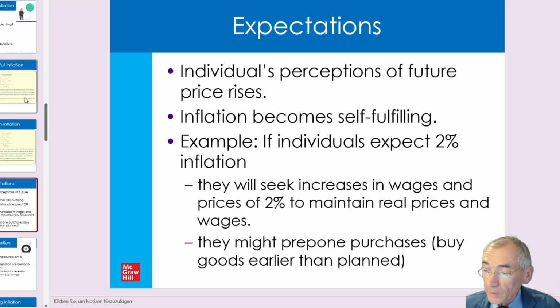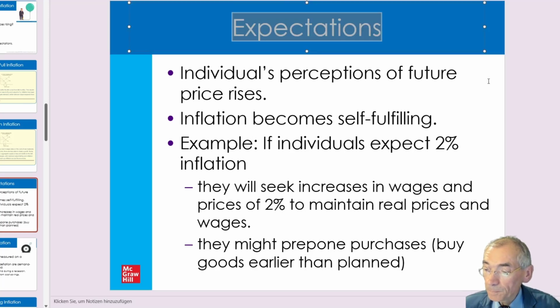When it comes to inflation, expectations play a crucial role, because whatever we expect prices to do, prices are going to do this. If we, the people, a majority of the consumers, think that prices are going to rise, we are going to react. Inflation becomes self-fulfilling.